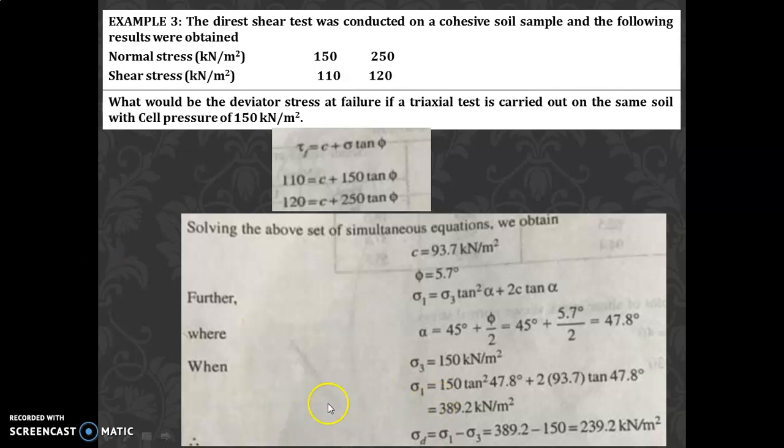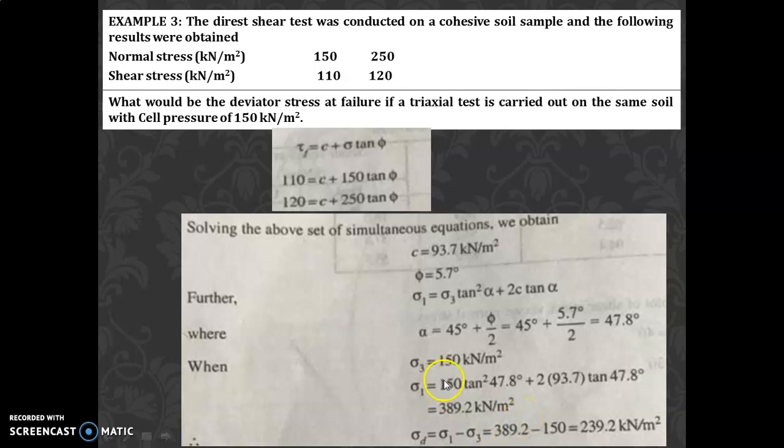Sigma 1 is equal to 150 into tan square 47.8 plus 2 into 93.7 into tan 47.8. Simplify this, you will get 389.2 kilonewton per meter square.